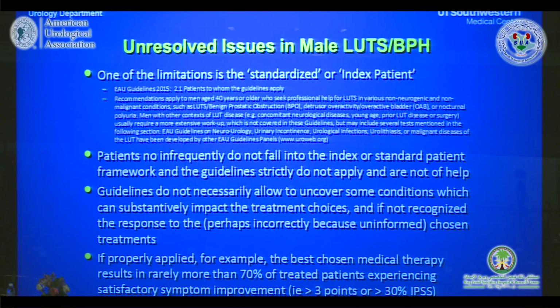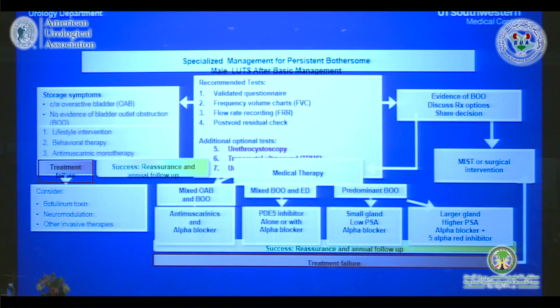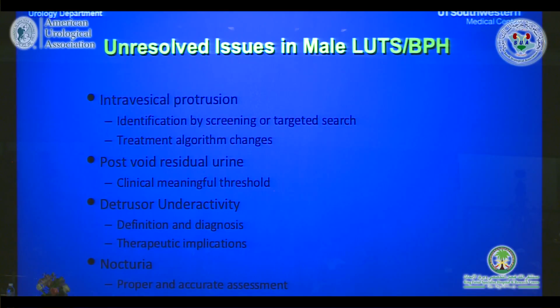Everything starts with that index patient. And patients are not all index patients. Some patients are different, and not all the conditions that are listed there are part of the guidelines. So even if you apply the guidelines ideally, it doesn't always work, right? We know that with medical therapy, only 70% of patients respond to all our medical therapies.